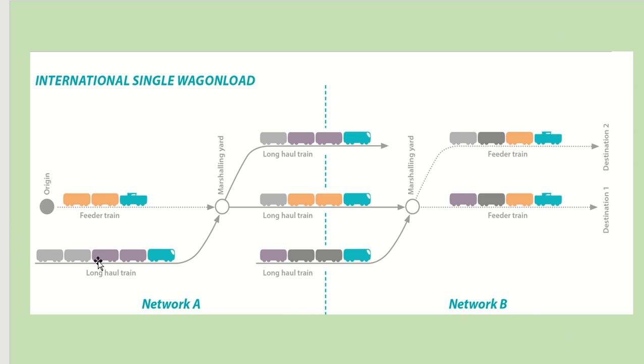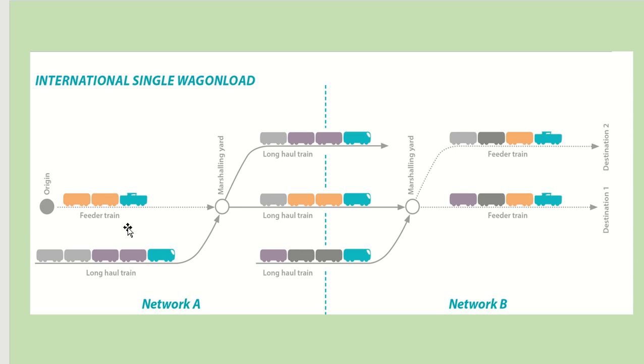Once it goes through here, it passes through what we call a marshalling yard. What is a yard? A yard is a place where there is no shelter. It's open, but a guarded area where you can store your items or perform work inside. On this part here, there is a connection from the feeder train to the long haul train.